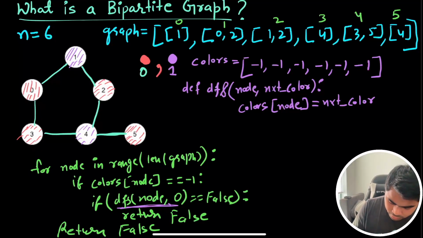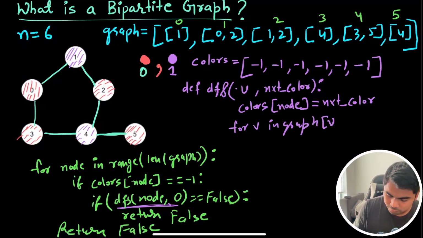Otherwise I will try to explore all the neighbors, so I'm going to call it V, and I should have called this U. So this is U, this is V in graph at U. So this will give me all the neighbors of this.